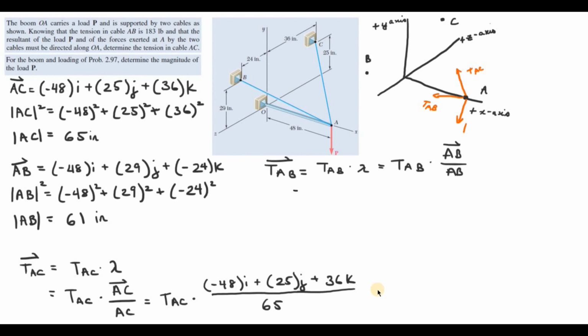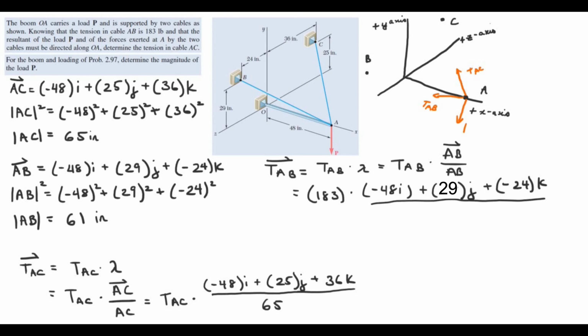And this gives you the magnitude for the tension as given to us in the problem, which is 183, times the vector AB over 61.